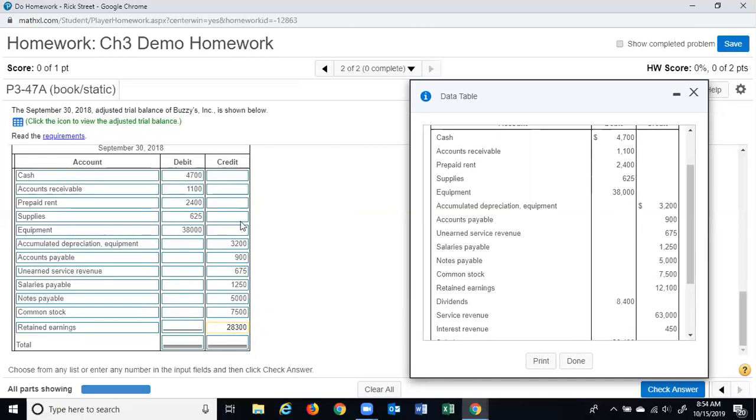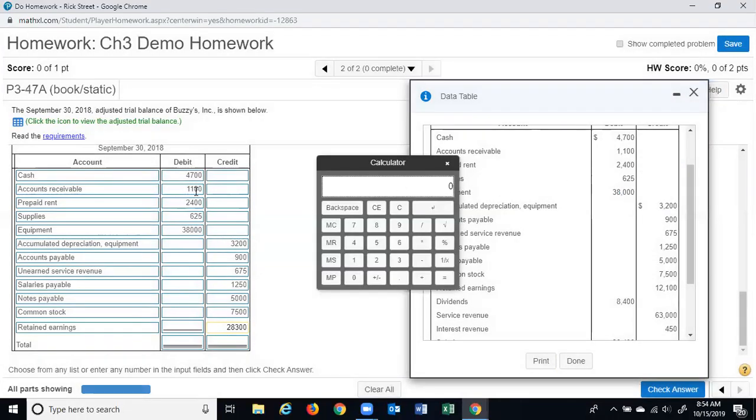Okay, at this point, if I was going to total these up, which I think I should, I would total up my debit balances first and then my credit balances, since there are fewer of these than there are of others. So 4,700 plus 1,100 plus 2,400 plus 625 plus 38,000. And that equals 46,825.